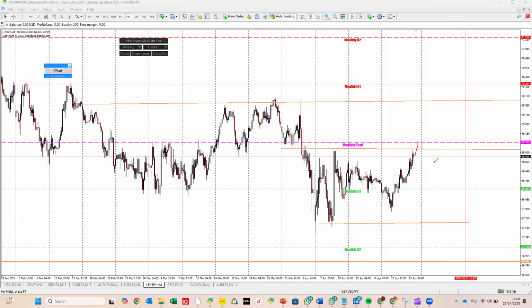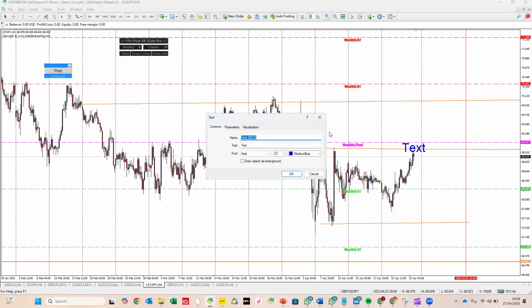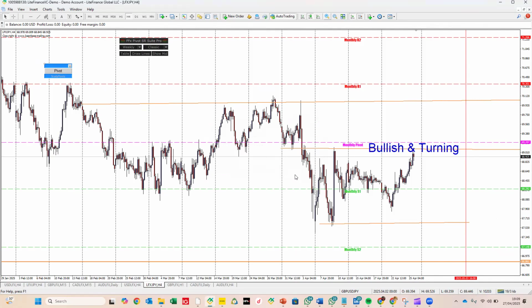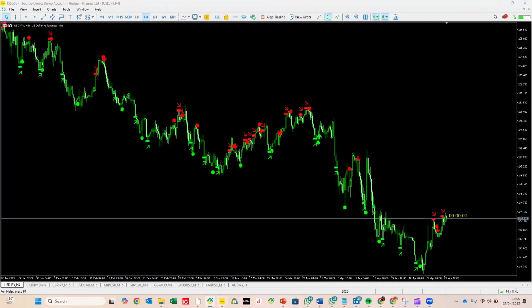So for now, I'm expecting a bullish yen, which is what I'm going to be putting right here, that I'm expecting it to be bullish and turning. So with that in mind, you can then go to the US dollar Japanese yen chart and look at what to expect in the coming week.